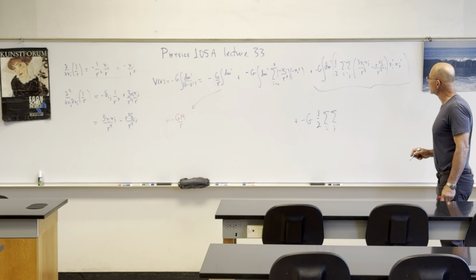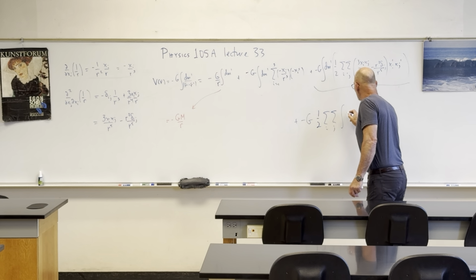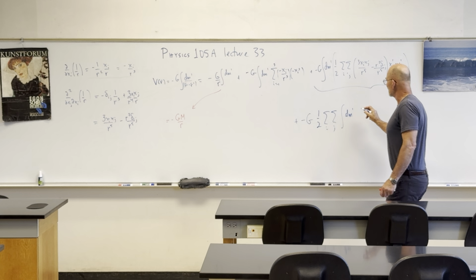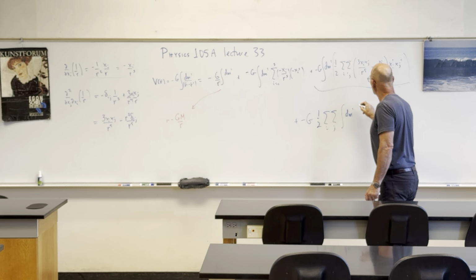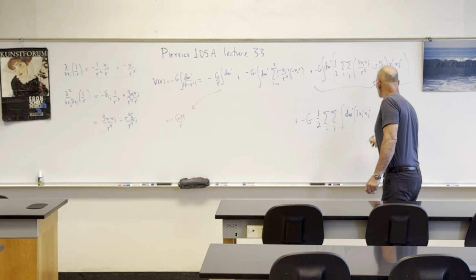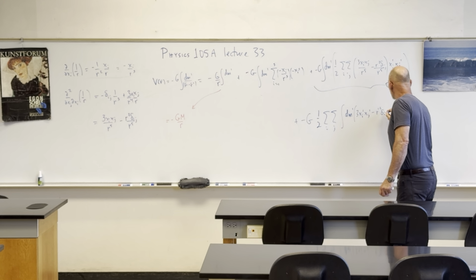We're just rearranging this. We've got the integral dm prime, and we're going to have 3xi' xj' minus r prime squared delta ij.